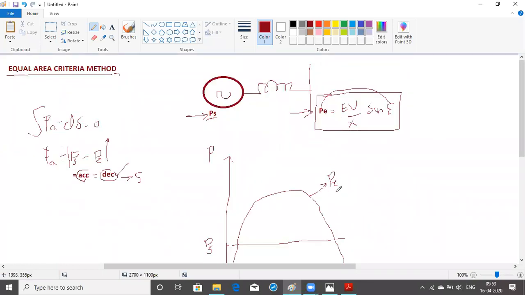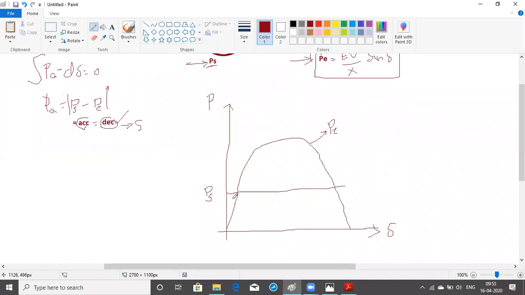This is the electrical power, which varies with respect to delta, right? If you observe clearly at this condition, what is this condition? This is the condition where PS is equal to PE, and I'm going to use this condition as the initial angle, delta naught.